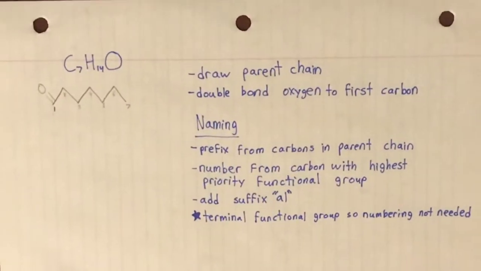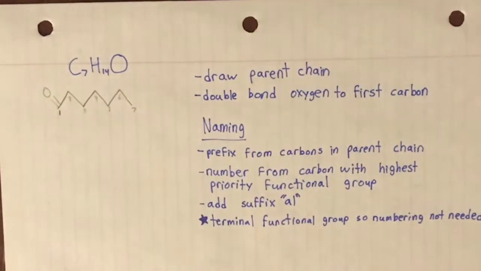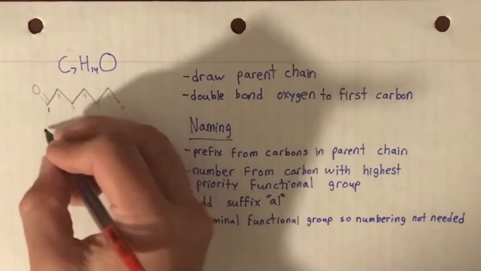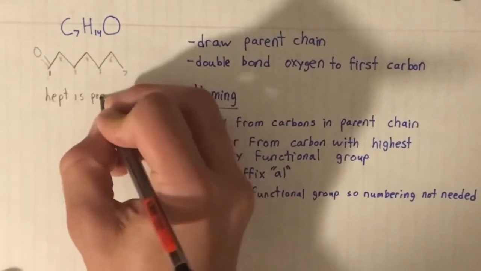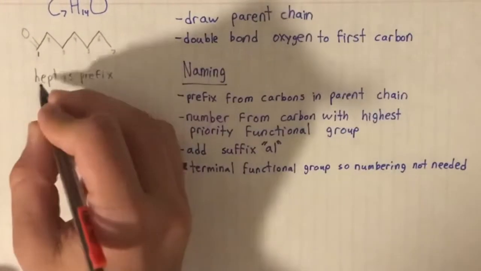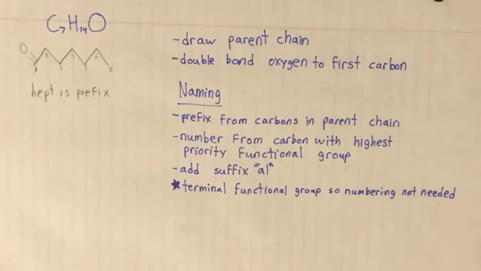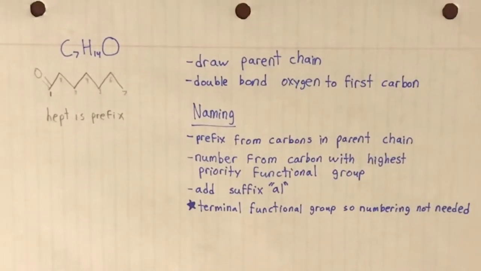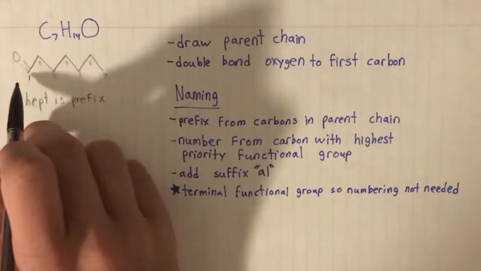Now let's name this. To name this, the prefix would come from the number of carbons in the parent chain. So in this case, there are 7, so the prefix hept will be used. Number the carbon starting from the carbon with the highest priority functional group, or this one as an aldehyde functional group is attached to it.